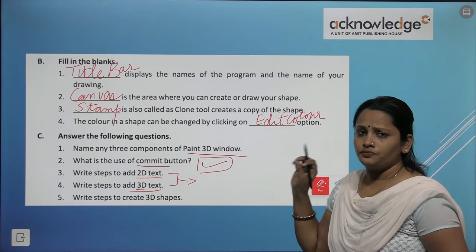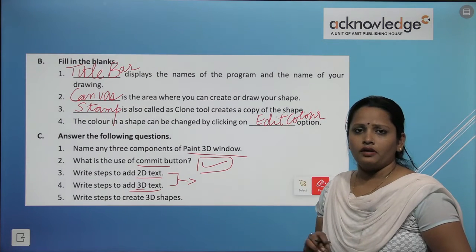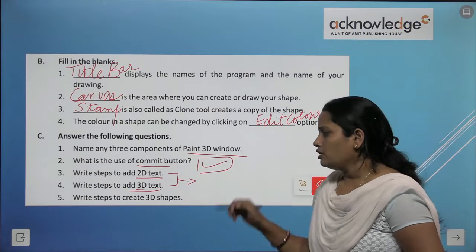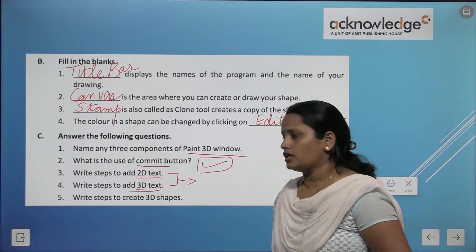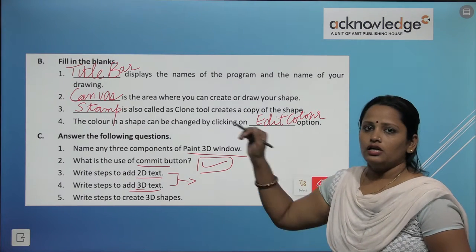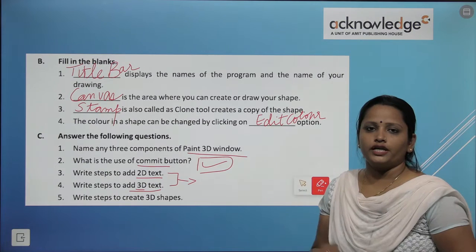text style and the alignment, shape, size. Every option can be filled related to the text there, and after that we have to click on the canvas, and there a box will come of dotted lines.